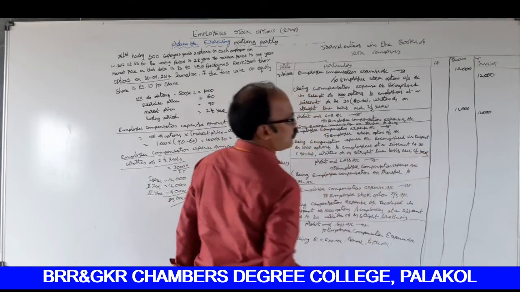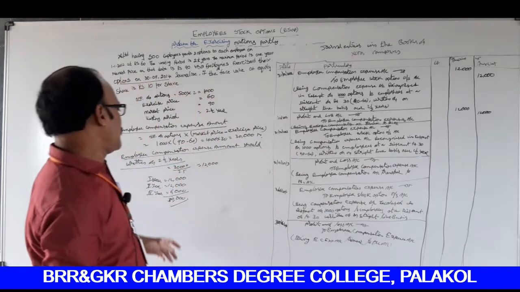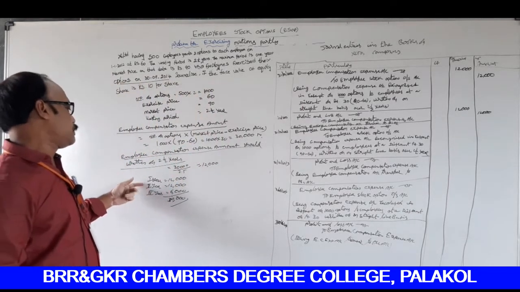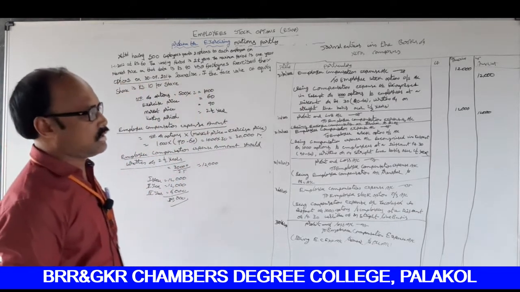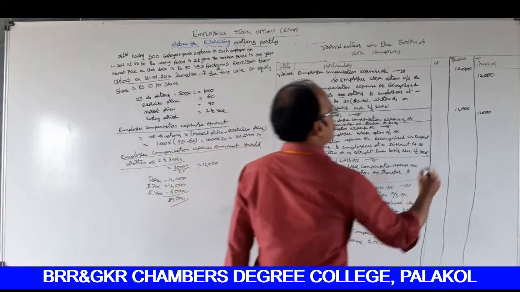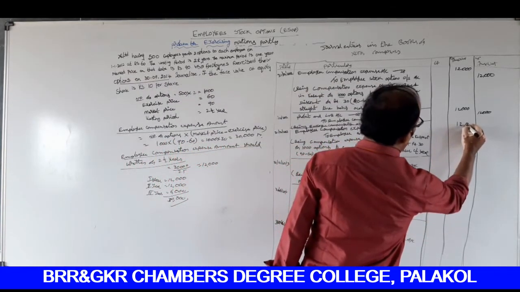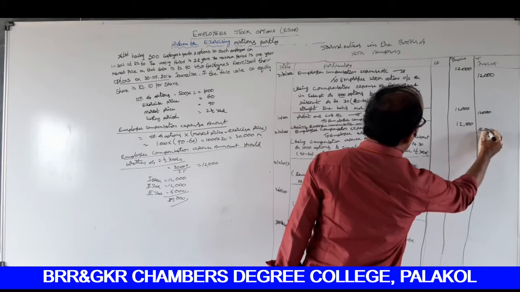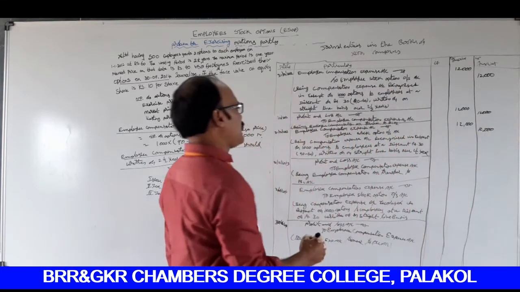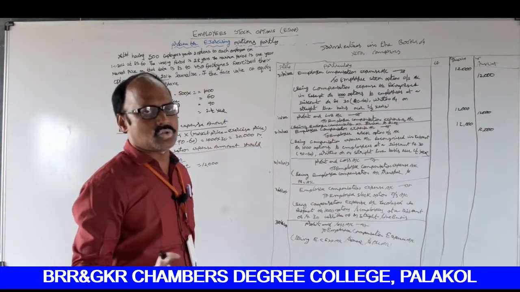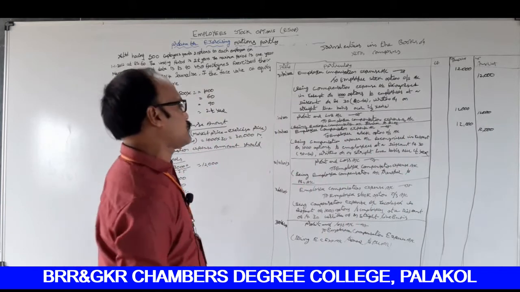How many years? 2.5 years. So the second year also the amount to be written off is 12,000. That's why 12,000 and 12,000. This employee compensation expense amount should transfer to profit and loss account.